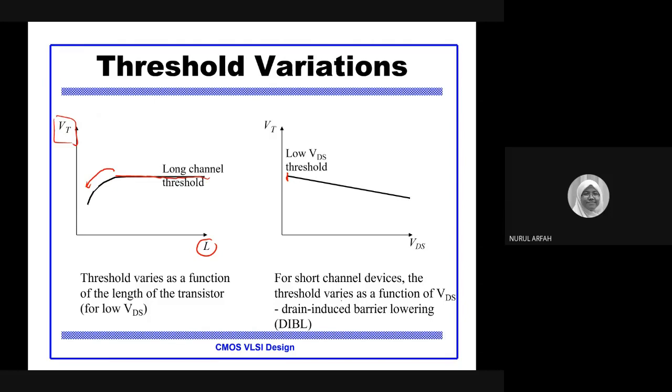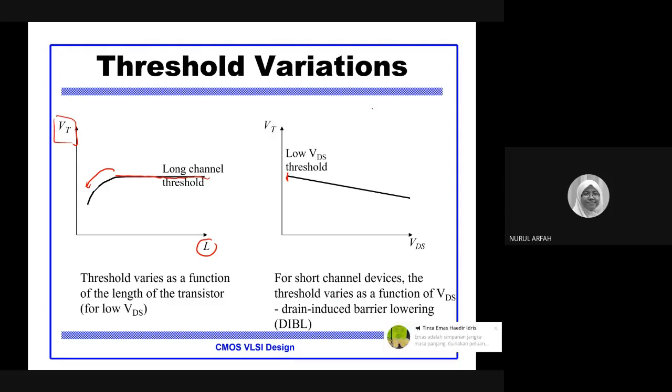So for the short channel device, the threshold varies as a function of VDS. We can call this drain induced barrier lowering. There are other terms for this.